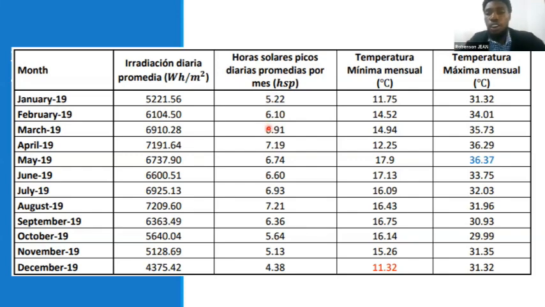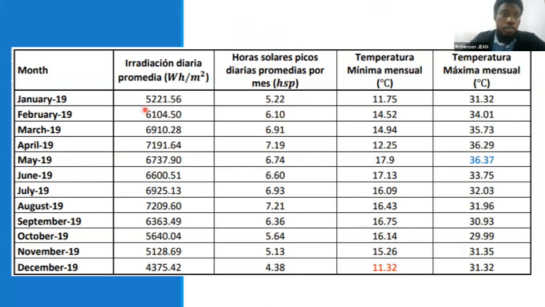So you can see the peak sun hours, like the number of hours where the sunlight is really available. Okay, and after, with this information, if you divide this information by this information, you can see the power that you need for each month. So you can have an average for the year.